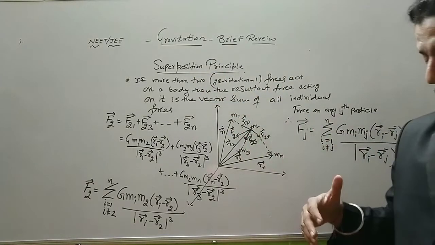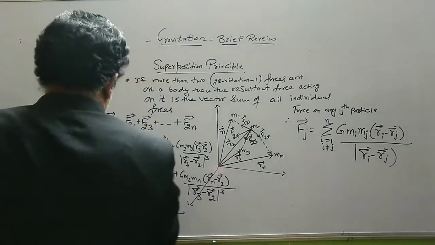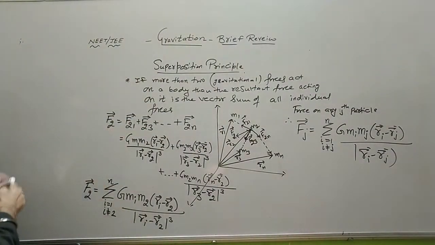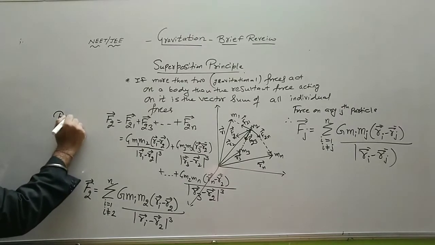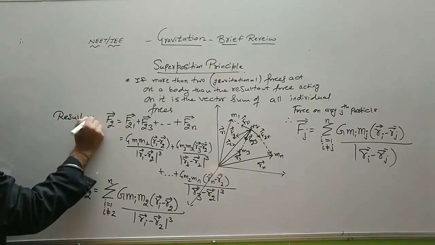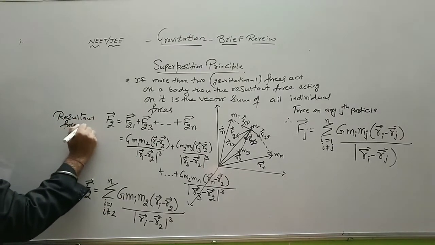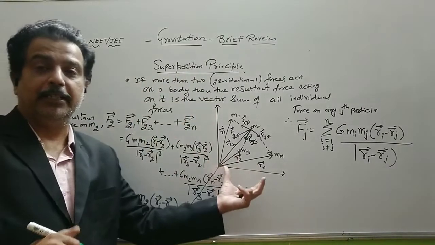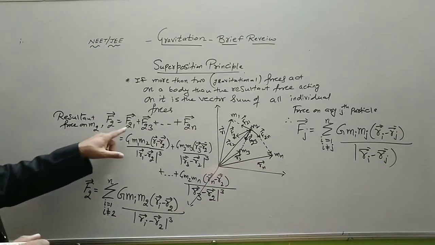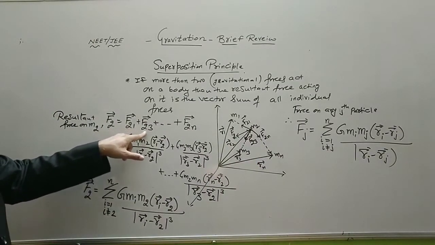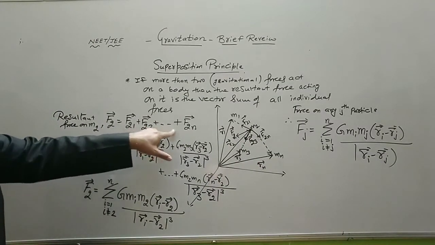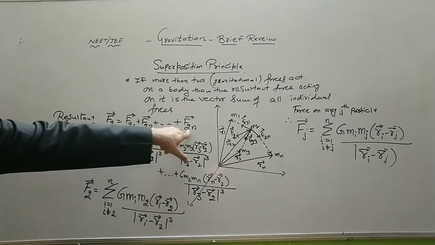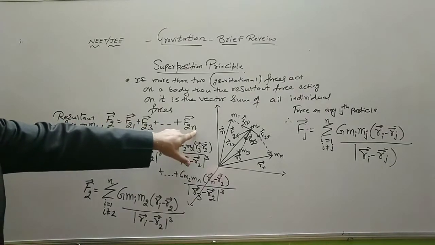So let us take an example. We find the force on 2. This is read as the resultant force on M2. You can find the resultant force on any particle or any body. So that is the force on 2 due to 1, the force on 2 due to 3, the force on 2 due to 4, plus and so on, up to the force on 2 due to the nth body.